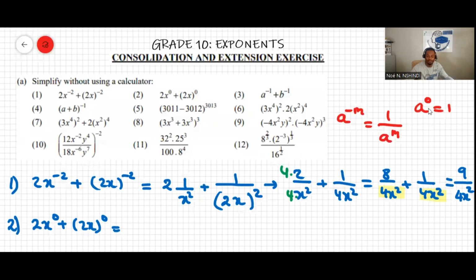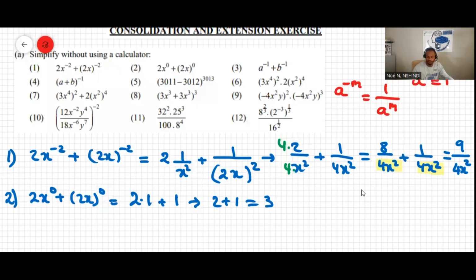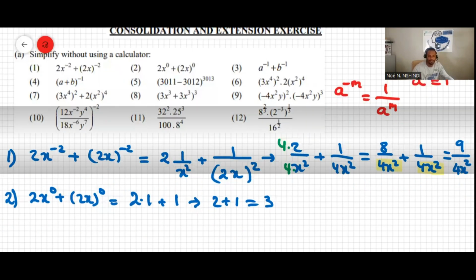So over here we'll have 2 multiplied by 1 plus 1, because the whole thing, 2x within the bracket to the power of 0, is just 1. So this will be 2 plus 1, which is 3. That was question 2.